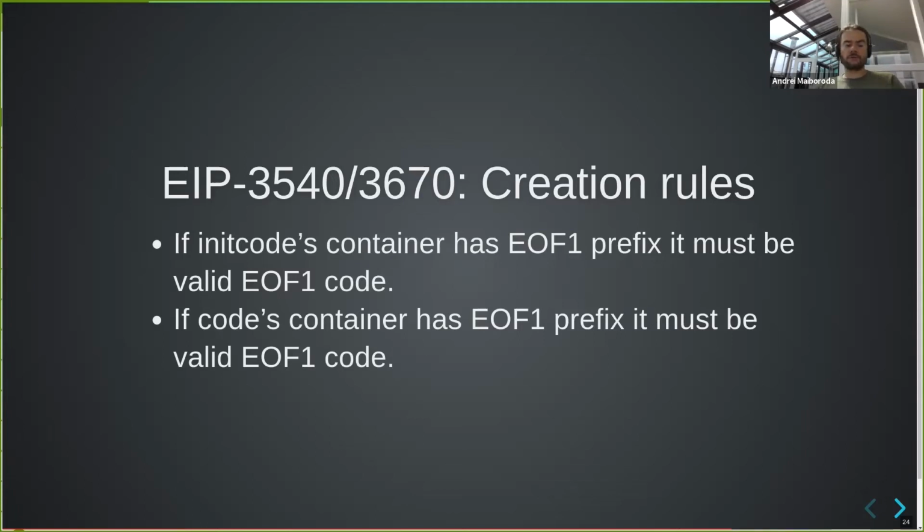But we also do not disallow in these EIPs deploying the legacy code yet. We think it's still useful to have some transition period when it's allowed to deploy legacy code. So this means that init code can be either EOF or legacy code, and the implementations should check it by the prefix.